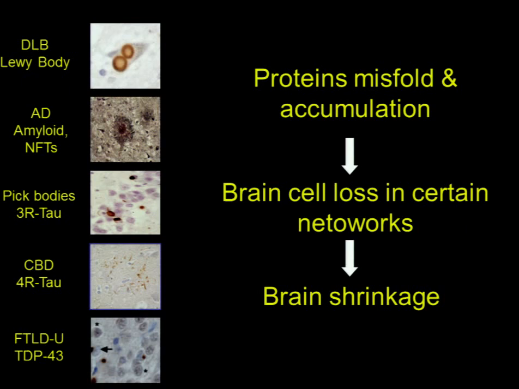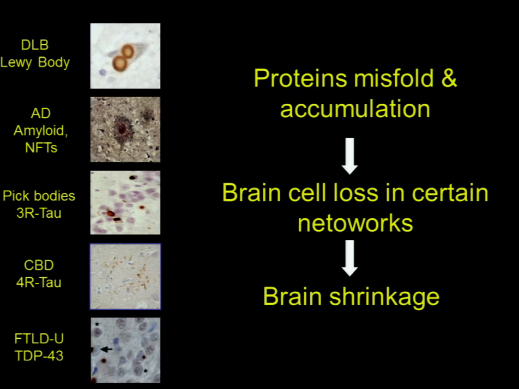Well, neurodegenerative conditions are conditions which show similar characteristics. So they start in a pre-symptomatic phase with proteins that are often normal proteins within the brain, starting to misfold and to accumulate.